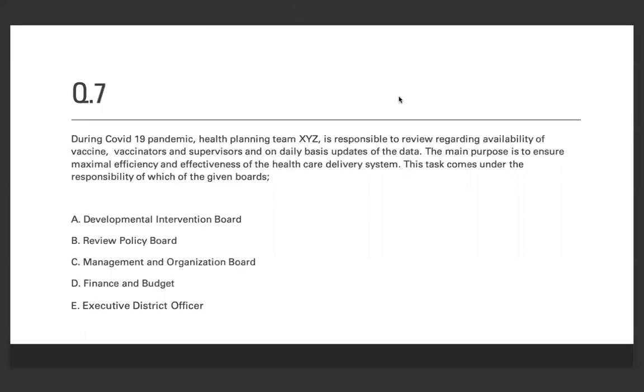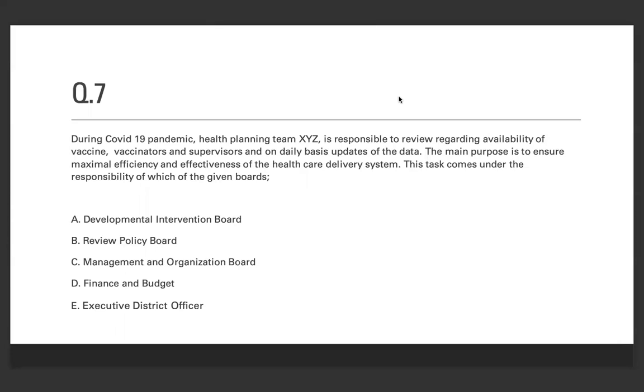Question number seven. During the COVID-19 pandemic, health planning team XYZ is responsible to review the availability of vaccine, vaccinators, and supervisors, and update the data on a daily basis. The main purpose is to ensure maximal efficiency and effectiveness of the healthcare delivery system.